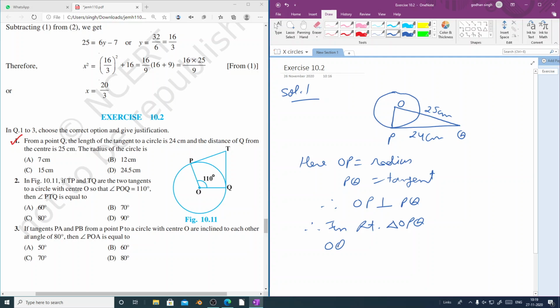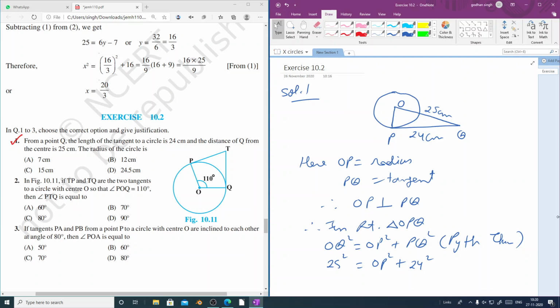OQ square is equal to OP square plus PQ square, and this we are obtaining by using Pythagoras theorem. So this will give us OQ is 25, putting the value, 25 square equal to OP, which is not known to us, so we'll write it as it is, plus PQ, that is 24 square.